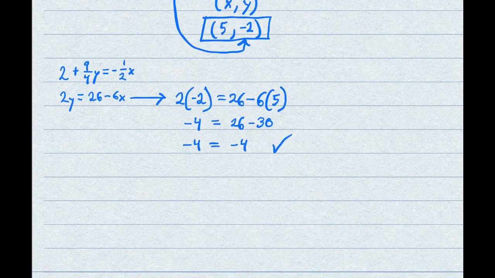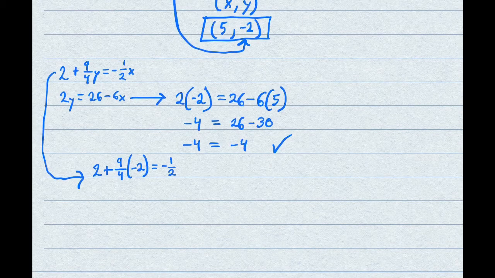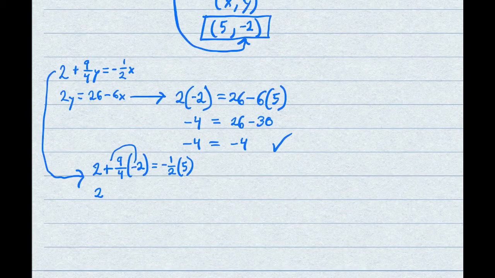Now we're going to check the answer in the other equation. You have 2 plus 9 over 4 times negative 2 equals negative 1/2 times 5. When you multiply these two terms, you have a positive times a negative, so the negative sign is going to stay. 2 is in the numerator.